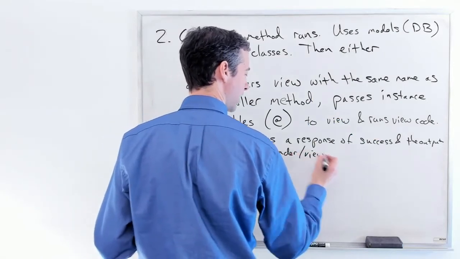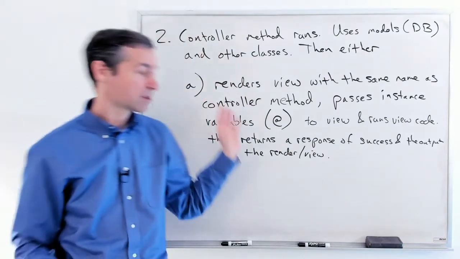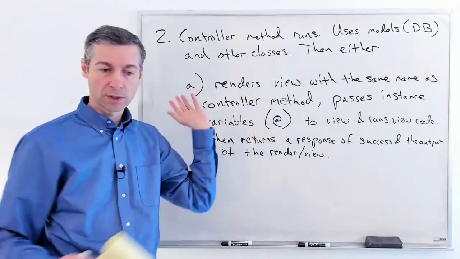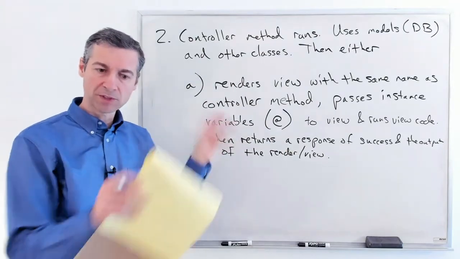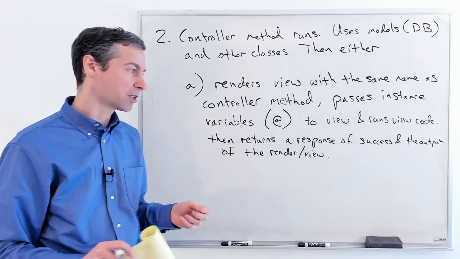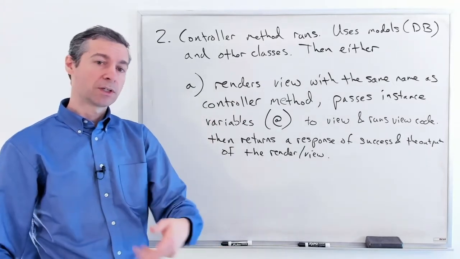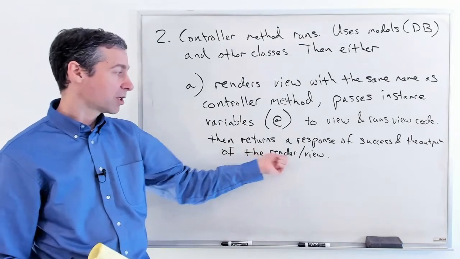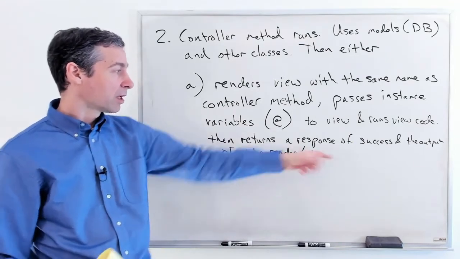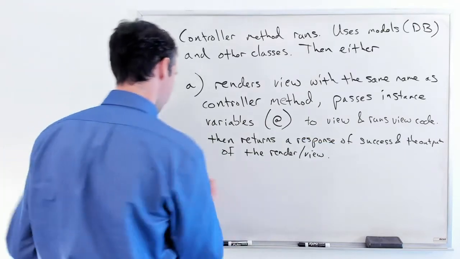So this is the whole thing. We got a request, we do all this, we package up this data and send it to the view. The view runs with very little logic in it, and that produces a whole bunch of HTML. Then we take that HTML and return it with a response of success.